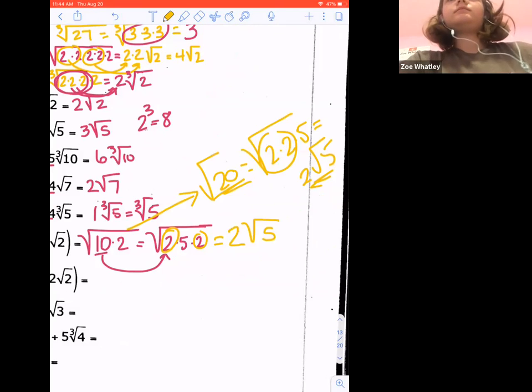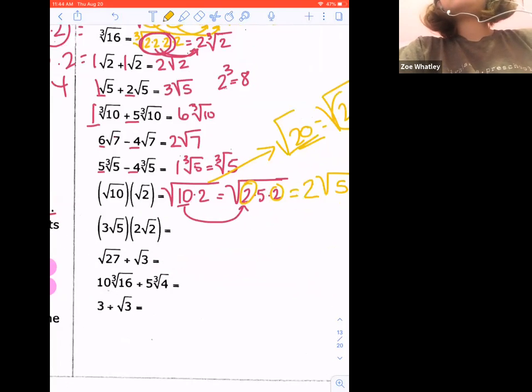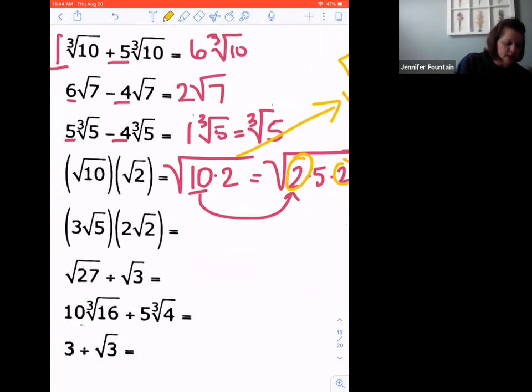Okay. All righty. Now the next one, I have 3 times the square root of 5 times 2 times the square root of 2. The first thing I've got to do is multiply 3 times 2.